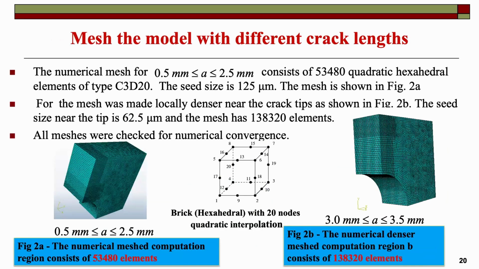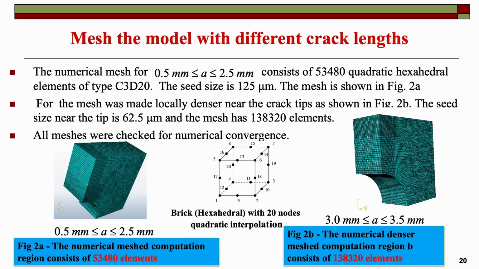For the mesh of the model with different cracks, the numerical mesh for crack lengths 0.5 to 2.5 consists of 53,408 elements, quadratic hexahedral, C3D20 in Abaqus.